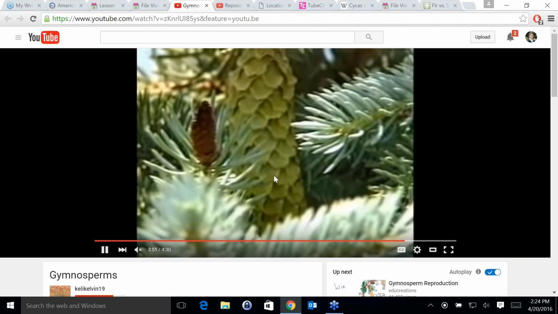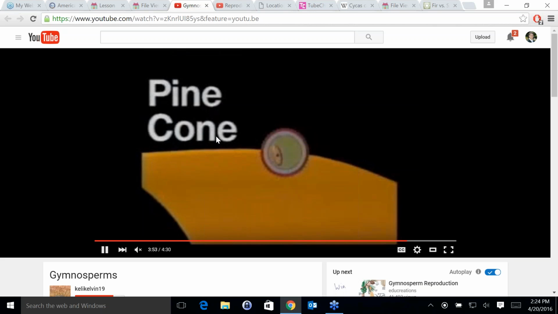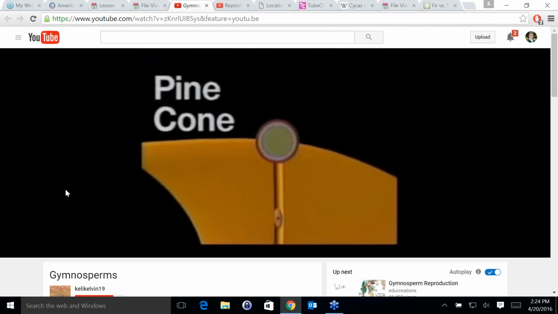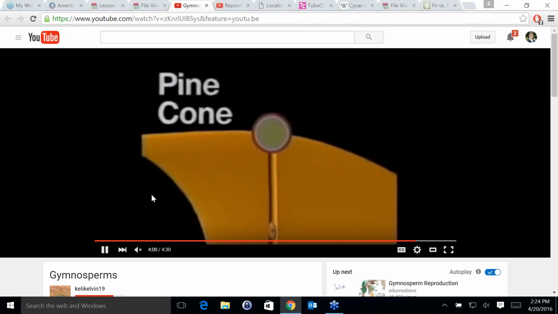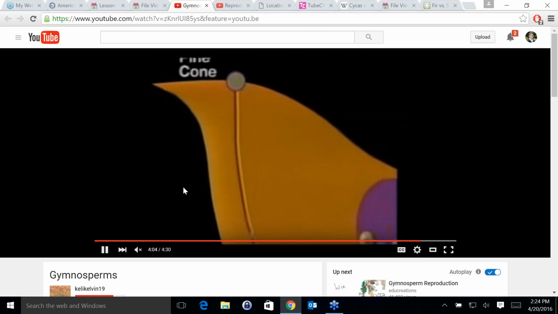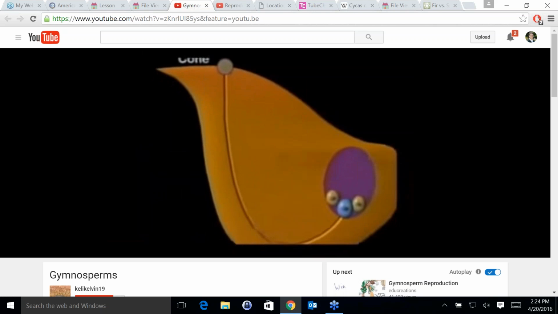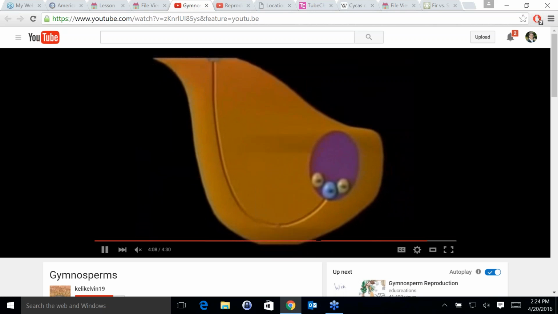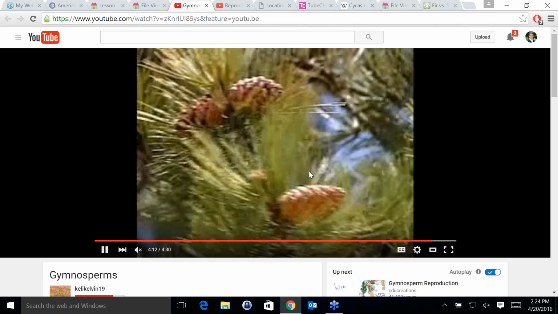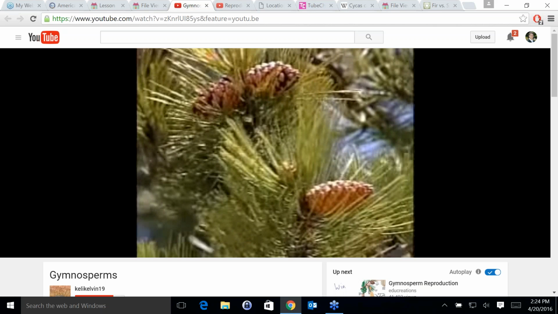So here we have these female pine cones. Then the rest of the video shows the animation of how the sperm in the pollen grain travels through the cone in order to fertilize the female egg and produce a seed.